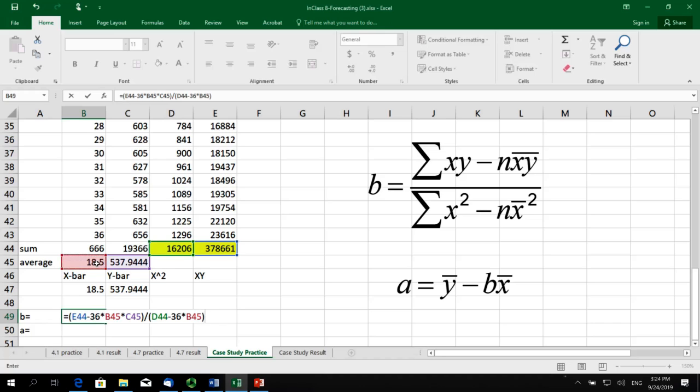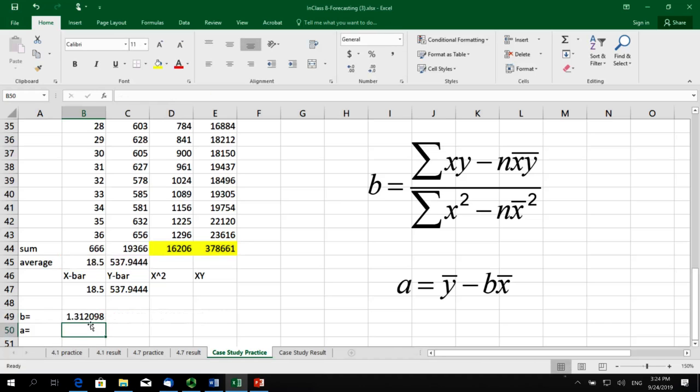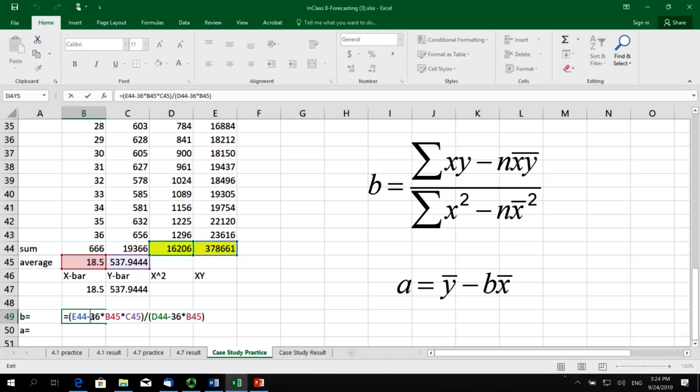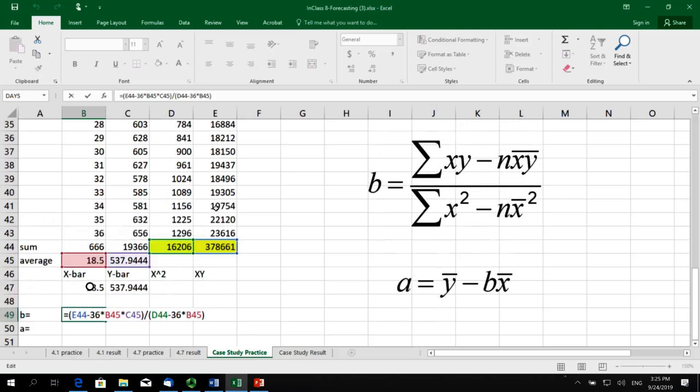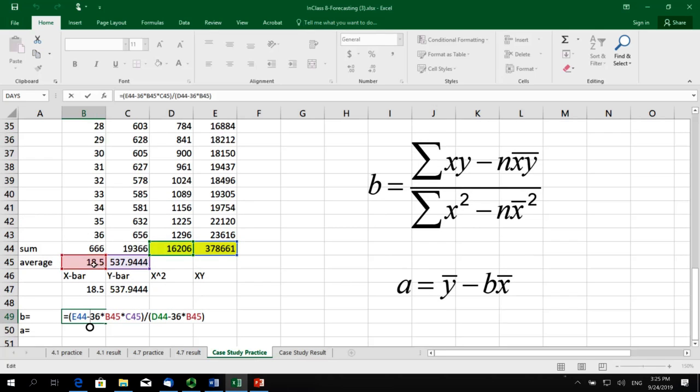So this one equals, I want to make sure all my typed numbers are correct. Sigma xy, this one, subtract n, 36 times x bar and y bar, divided by sum x squared, subtract n equals 36 times x bar squared.